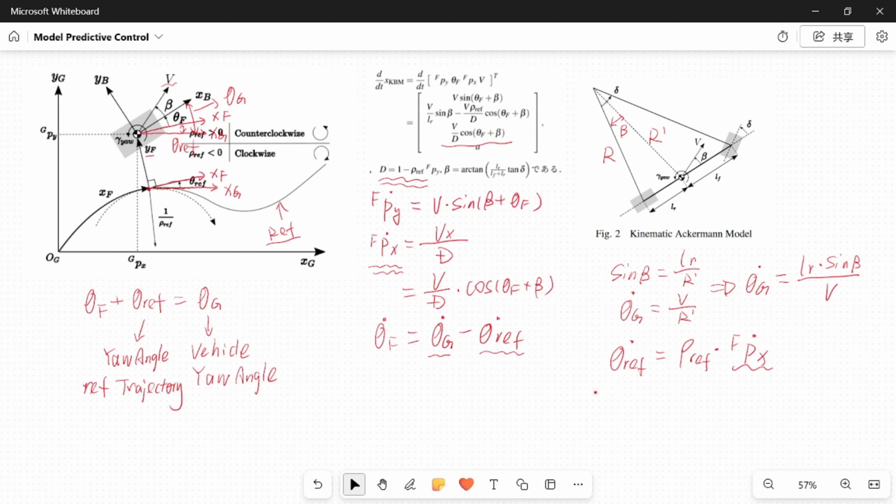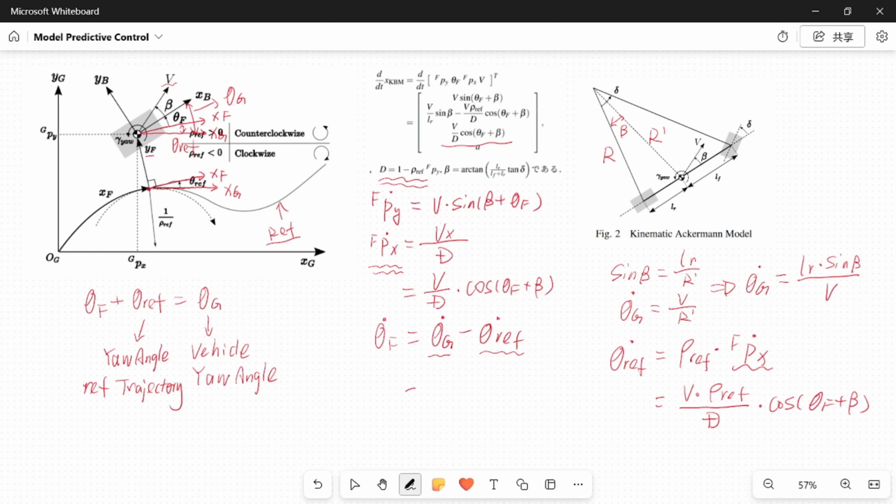So substituting, FPX dot equals V times rho REF over D times cosine of (theta F plus beta).